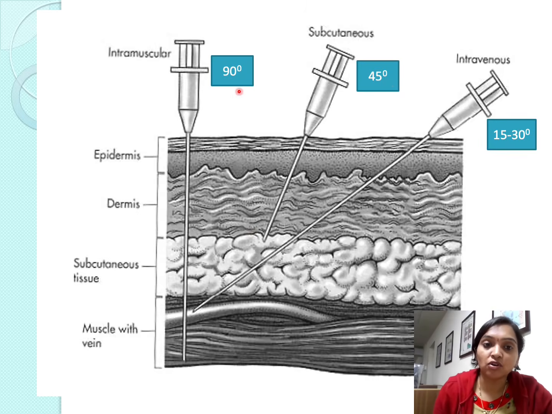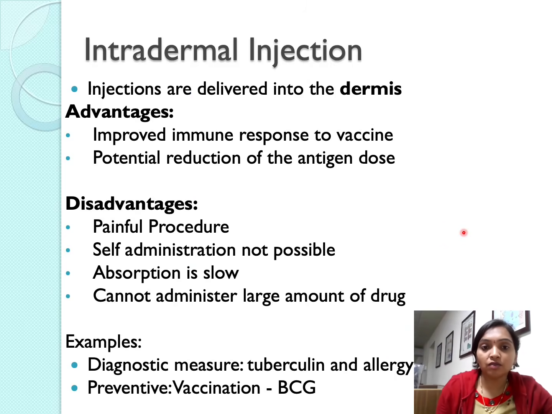And then moving on to the intramuscular injection, that is direct. You have to just prick at 90 degrees to reach the deep muscular layer, 90 degrees. So this is the angulation, subcutaneous 45, intramuscular 90. These two are very important. We will see the individual routes in detail.